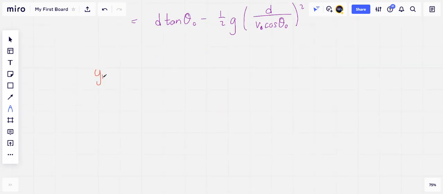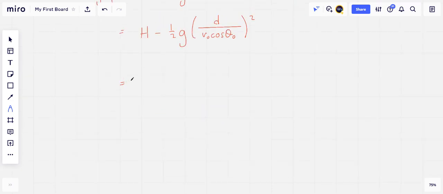So the boy's vertical position, y boy, is equal to h minus a half g t squared, which is equal to h minus a half g, and the expression for time again is d over v naught cosine theta naught, squared, and h we can see is d tan theta naught.